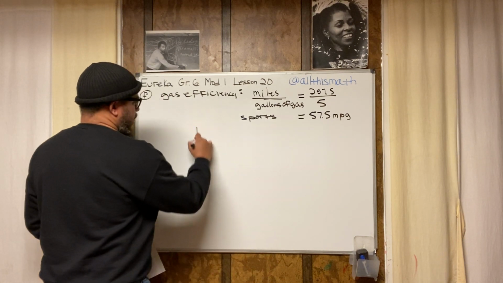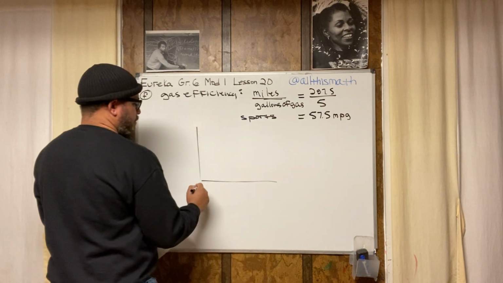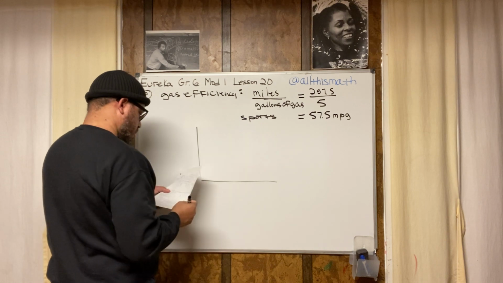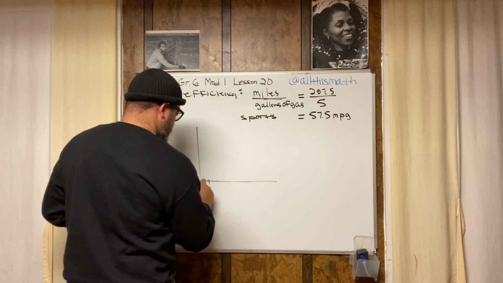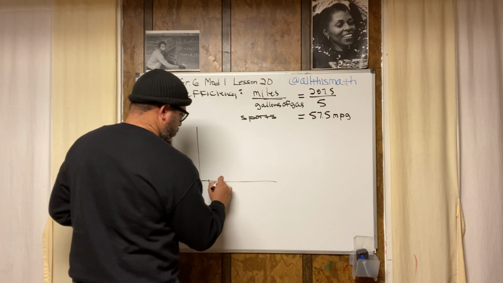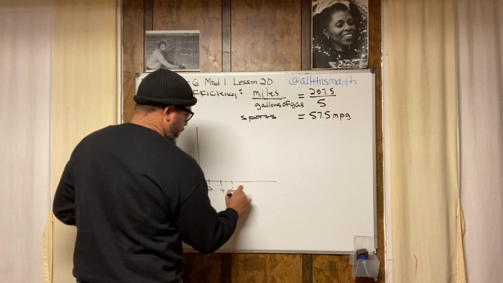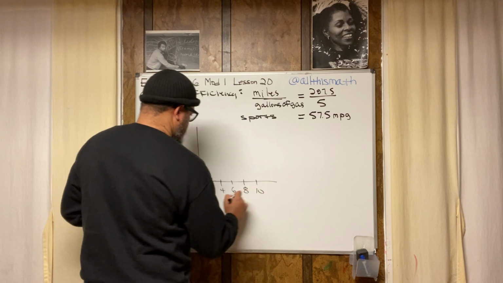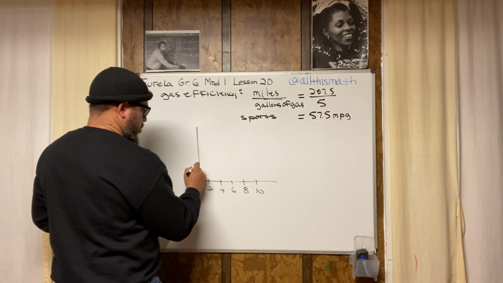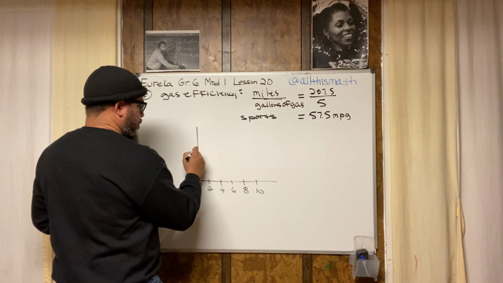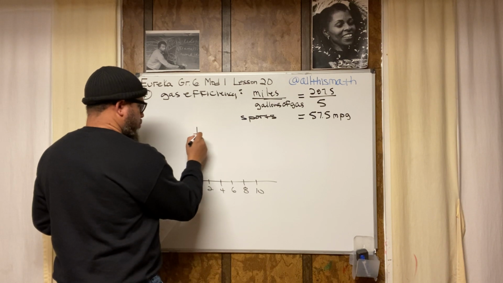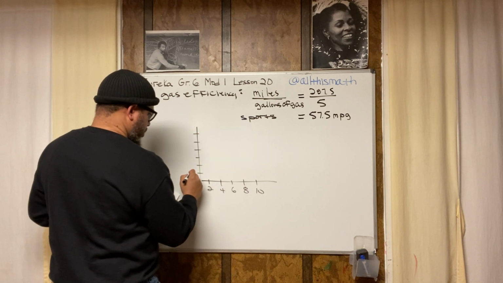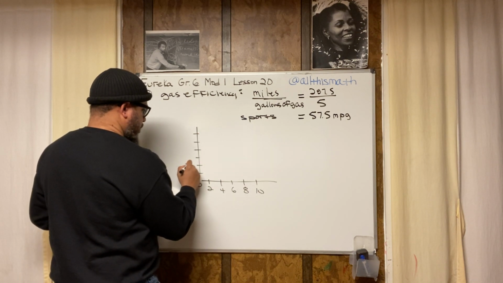So for the leisure bike, they give you a graph. So 0 is right here. We have 2, 4, 6, 8, 10. These are vertical values. So we have 0 and then 110. Then these keep doubling.